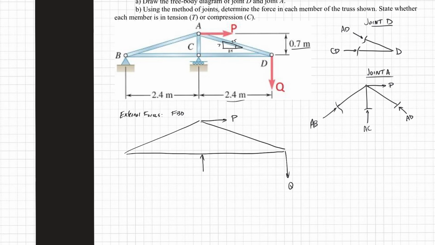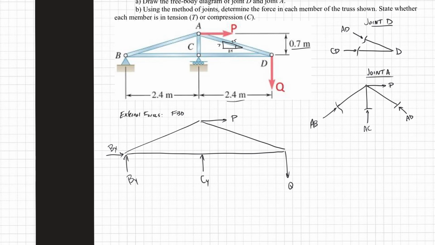Okay, we've got CY, and we've got BY and BX. A little intuition should tell us that CY is going to be very large. It's probably going to be twice Q. It is going to be at least twice Q, right? So if Q were the only force on here, if I were to cover up that P, then it would have to be twice Q because it has half the moment arm.